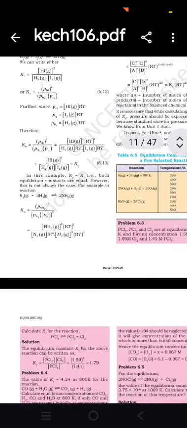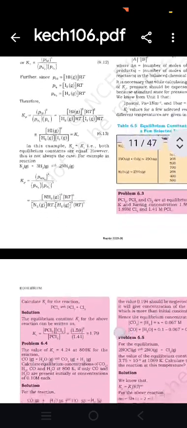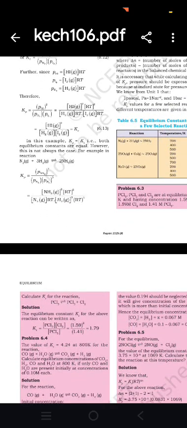Further, since PHI = [HI]RT, PH2 = [H2]RT and PI2 = [I2]RT, in this example Kp is equal to Kc, both equilibrium constants are equal. However, this is not always the case. For example, in N2 + 3H2 gives 2NH3, Kp = (PNH3)^2 / (PN2 (PH2)^3), which gives (RT)^-2 times Kc.